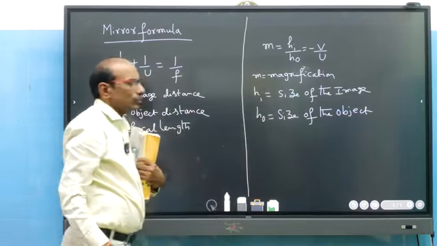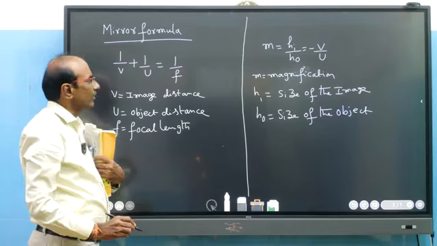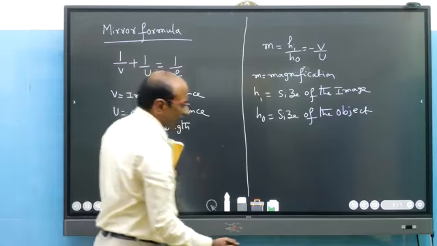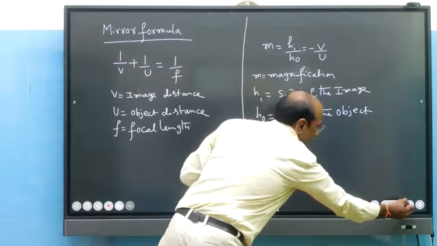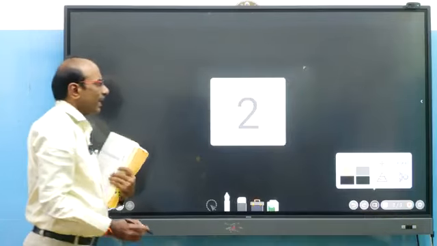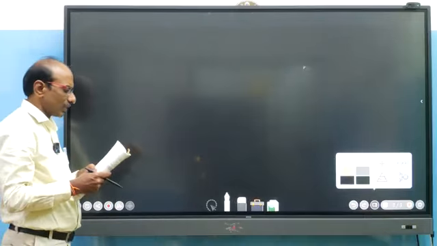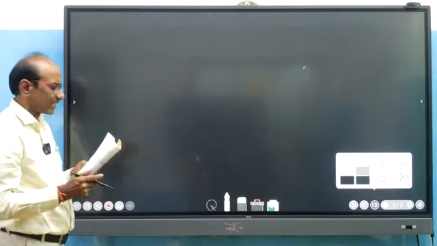We know v and u: v is the image distance, u is the object distance. So depending on this mirror formula, we can solve two problems in this session.